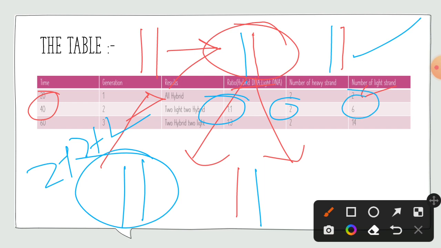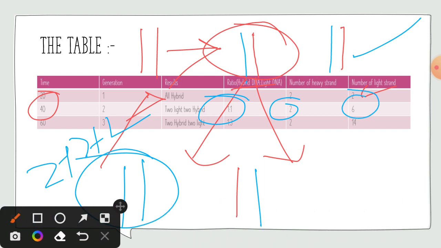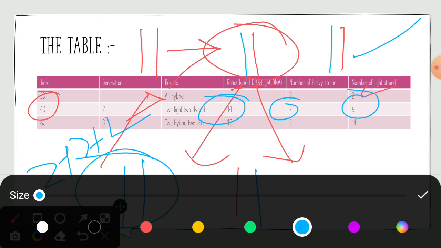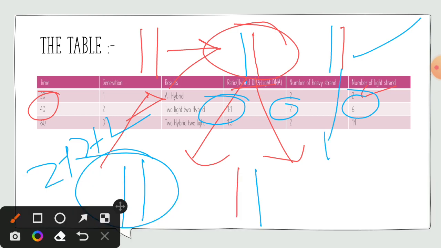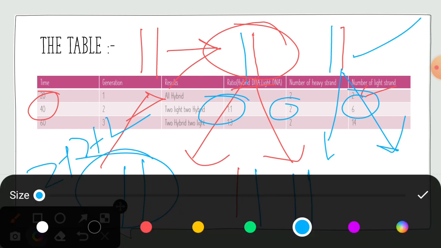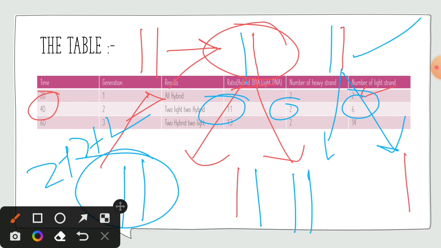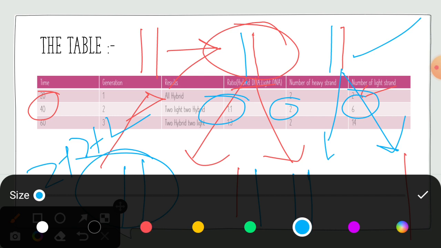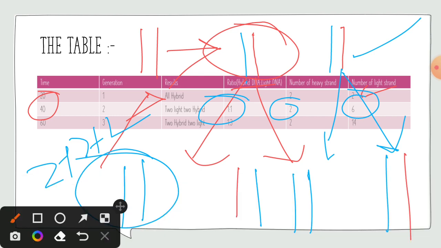I hope you can understand it, right? Because when this DNA splits, we will get 1 pure light strand and 1 heavy strand, just like that. So as a result, the number of heavy strands will be 2, and the number of light strands will be 2, 4, 5, 6. That is why it is 6, right?